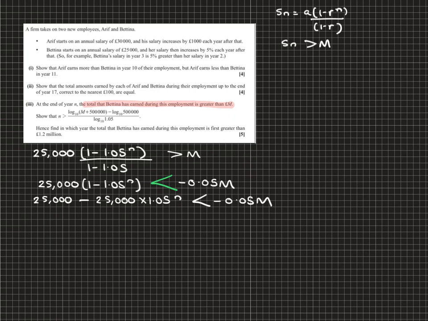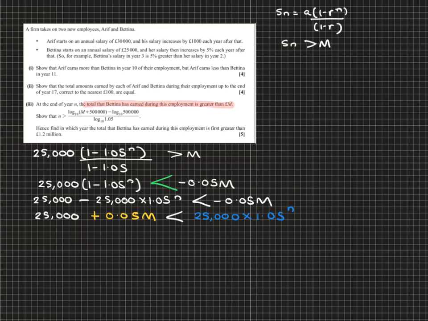So I just do a little bit of rearranging. Watch what happens. So I've got 25,000 plus 0.05m, and that is less than 25,000 multiplied by 1.05 to the power of n.